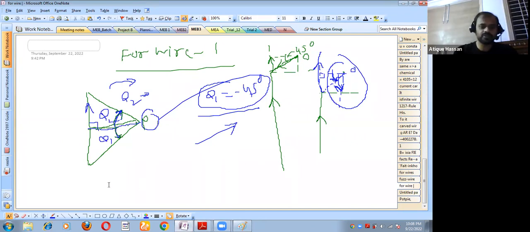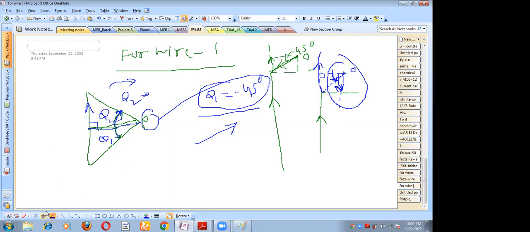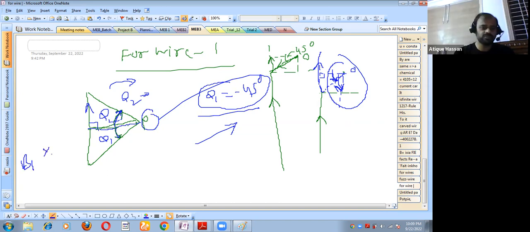What was the direction of magnetic field due to the first wire? It was outward, right? Yes, sir. B1 was inward, and B1 was inward and B2 was outward. There is no dot in the third part.